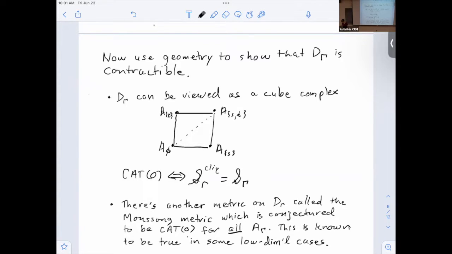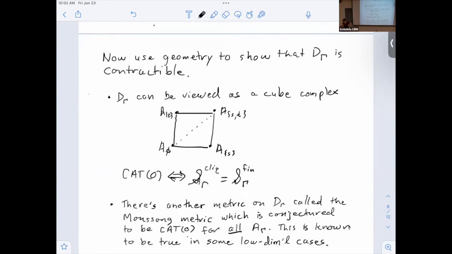That is, a subgraph generates a finite type sub-Artin group, a parabolic subgroup, if and only if it's a clique. The cliques and the finite things are identical. In fact, the Artin groups for which this is true are called FC type. FC is for flag complex, because this is exactly the condition that gives you the flag condition you need to get CAT(0). So that's not hard to check.